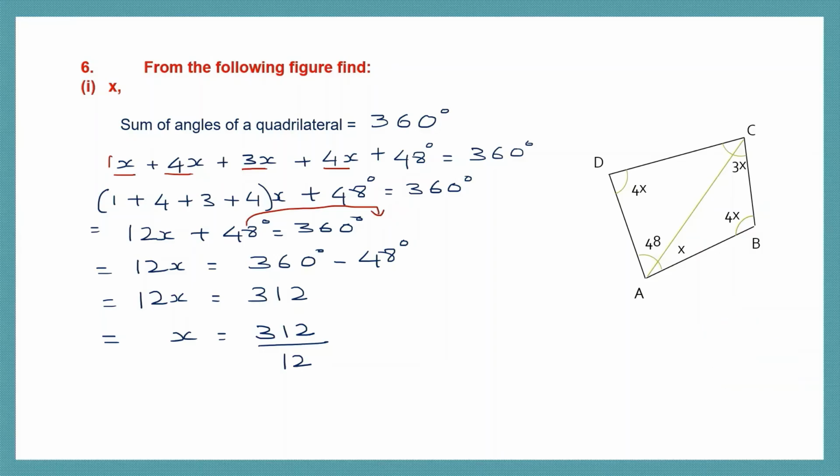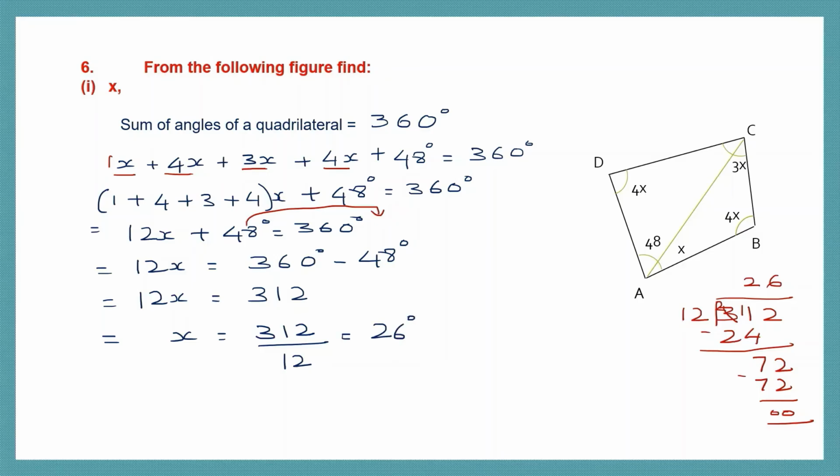So let's divide 312 by 12. 12 twos are 24, minus, let me borrow, 11 minus 4 is 7, I bring down 2, 72. 12 sixes are 72. So now we've got 26. That means the value of x is 26 degrees. So we have found the answer.